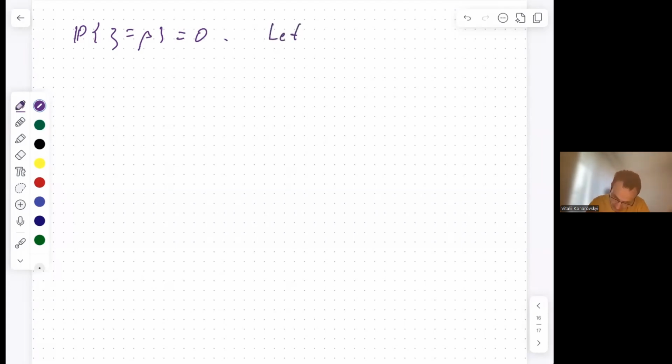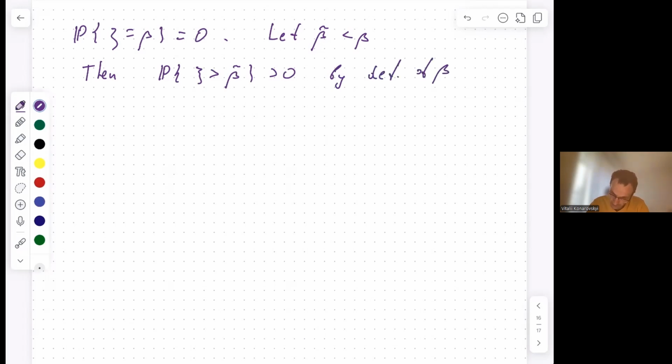So let beta tilde be smaller than beta. Then you have that the probability that Xi is larger than beta tilde is positive. This is by the definition of beta, because beta is the essential supremum.